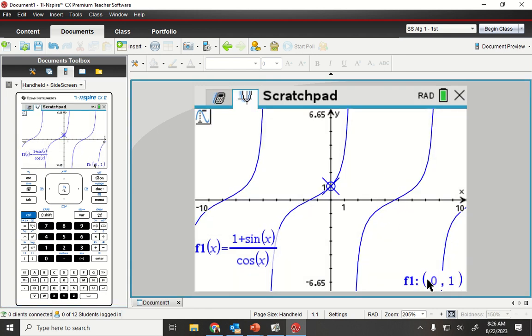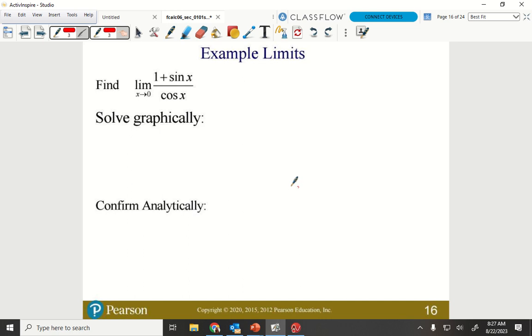And right here, it gives me my coordinates. So when x is 0, y is 1. Okay, so that's good. So the limit exists and the function exists. So confirm analytically.